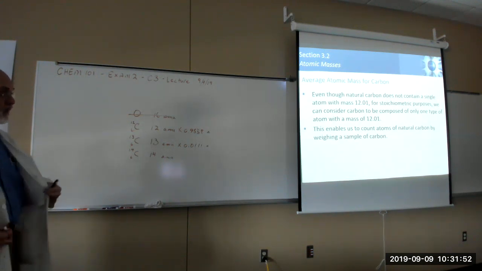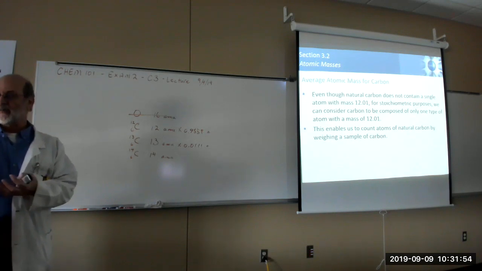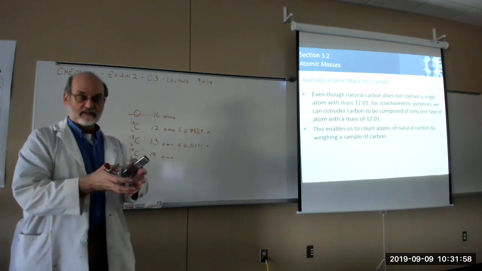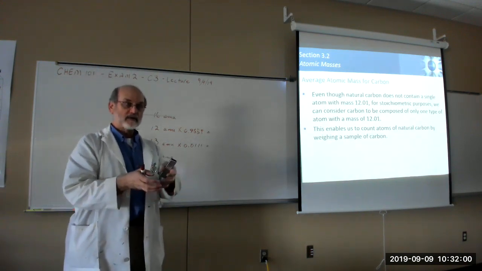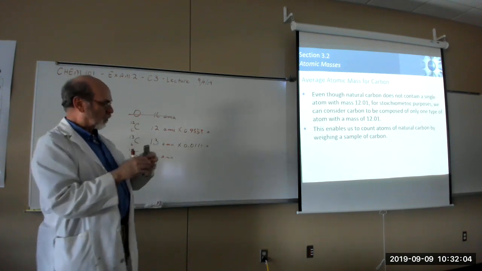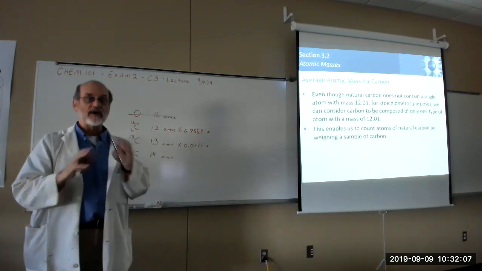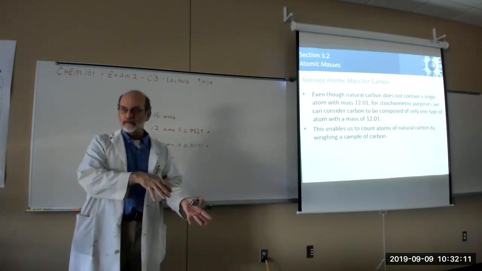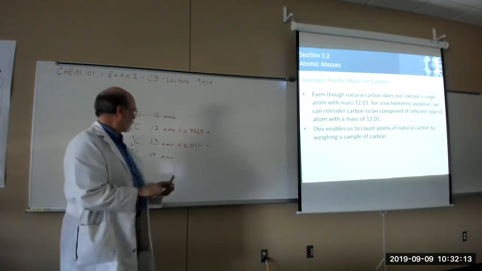So now that we know the average mass of carbon in nature, when you take a sample and you weigh it, say you have a sample of pure carbon obtained from nature, and the weighted average has already been determined, all you have to do is weigh the sample, and you can convert that to numbers of carbon atoms.